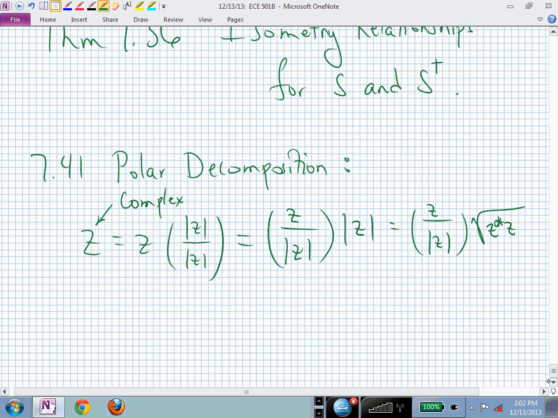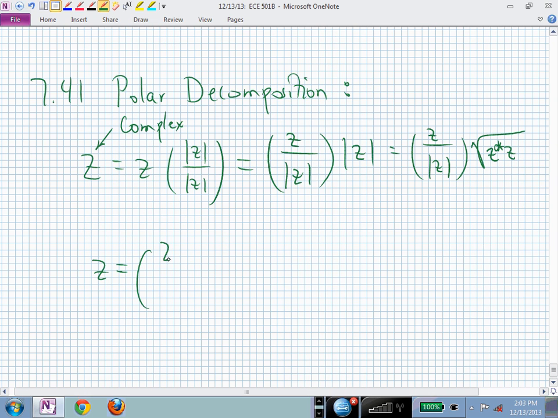And that now is begging us to do another analogy. If we now say z, a complex number, can be written as z over its length times the square root, positive square root of z star z, or z conjugate z, this now represents a direction. This now represents a scaling.